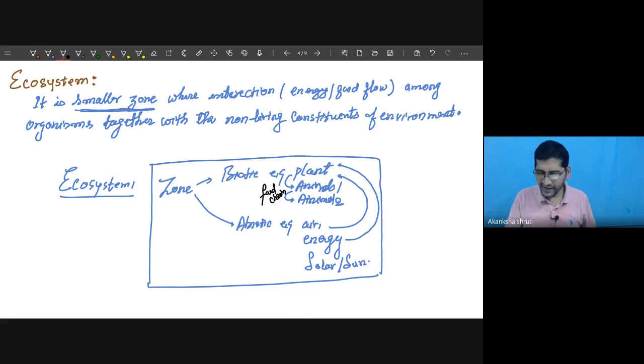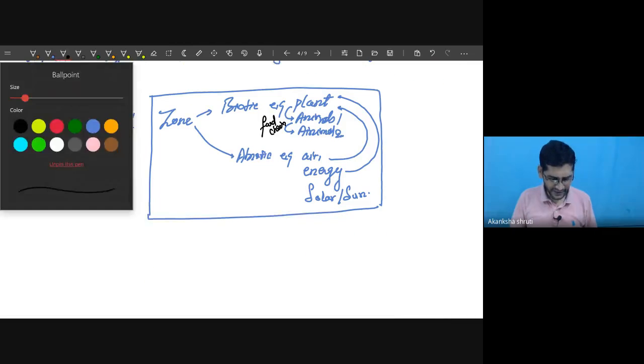Even air and energy or sunlight are taken by the plant for its nutrition, and there is recycling of these abiotic factors. So such a smaller unit where life can exist is called an ecosystem.